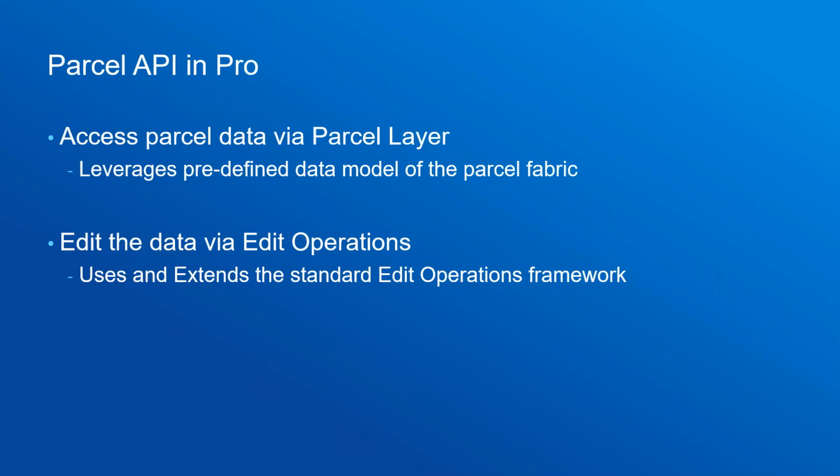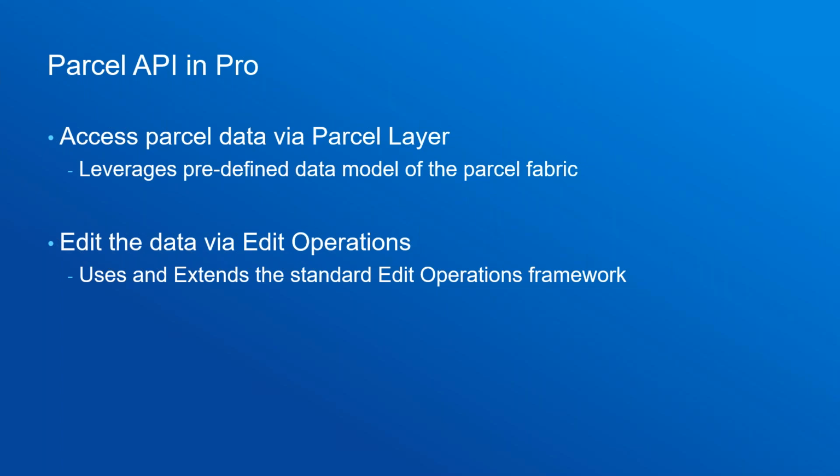And because we have this predefined and well-known information model, it means that for parcel editing, the API can leverage it to achieve the expected parcel behavior, because we know certain fields are going to be there, and we know what we need to do, such as, for example, creation of parcel lineage. So there are some fairly coarse-grained functions that'll do a lot of that work under the hood for you.